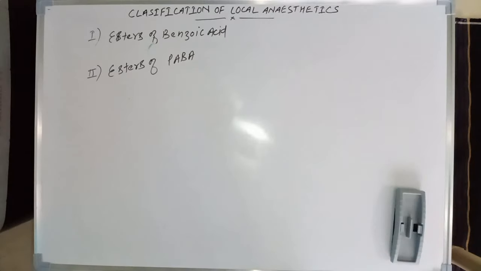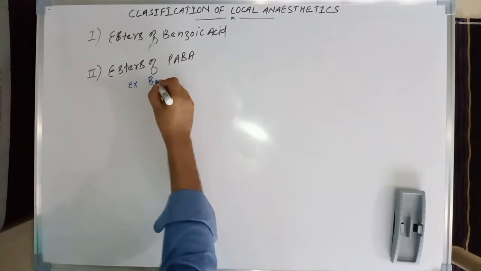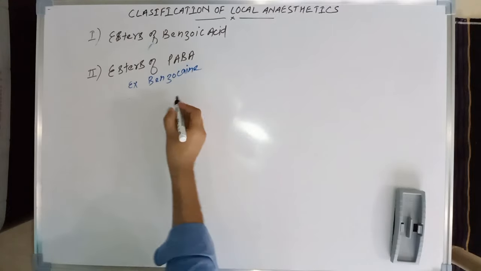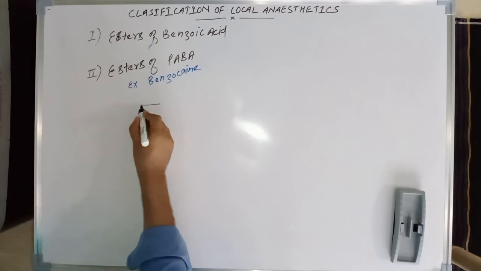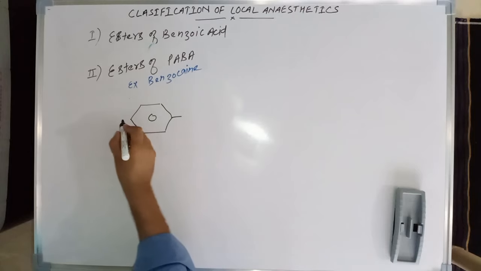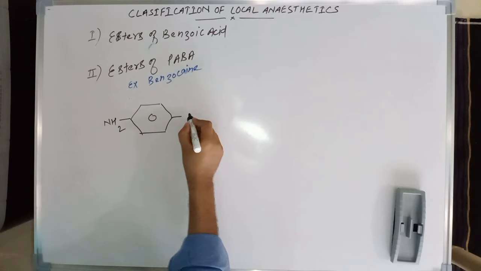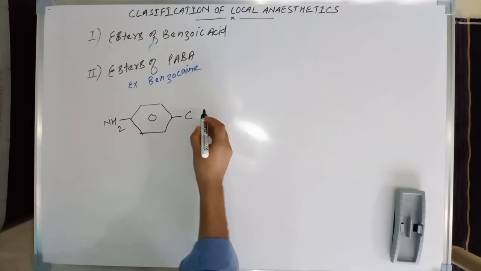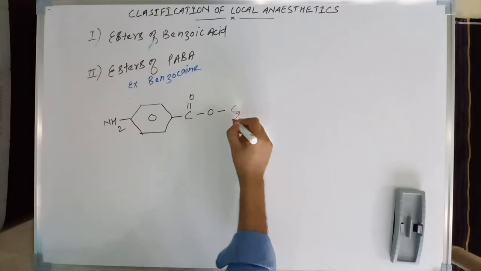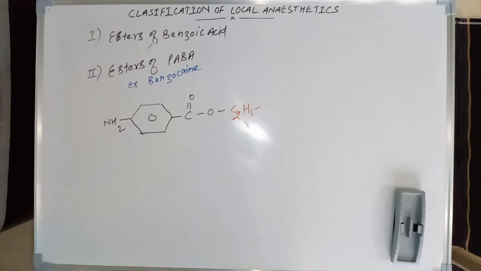The first and simplest drug is benzocaine. The structure of benzocaine is this: at the para position there is an amino group, and it is an ester of para-amino benzoic acid. Benzocaine is the ester of ethanol, C2H5. That's why its name is benzocaine.